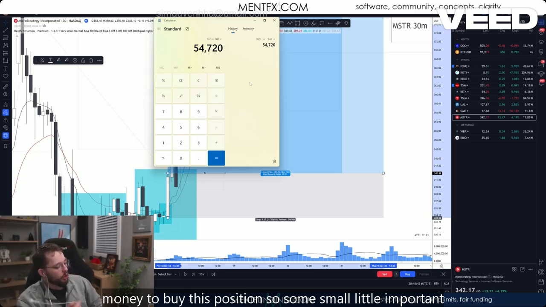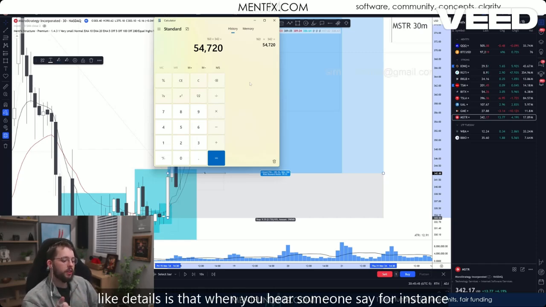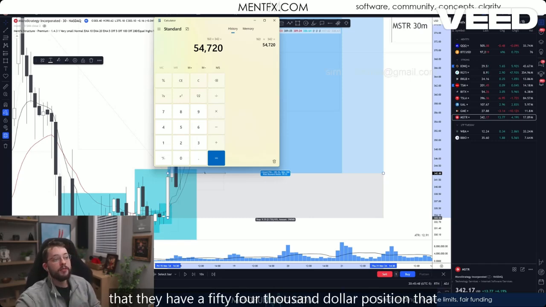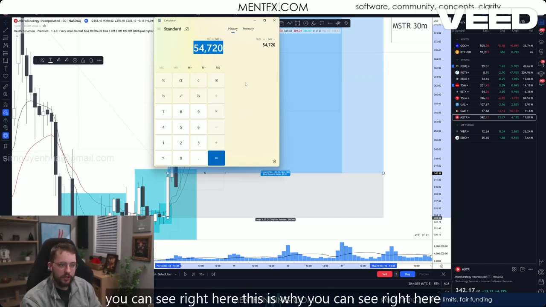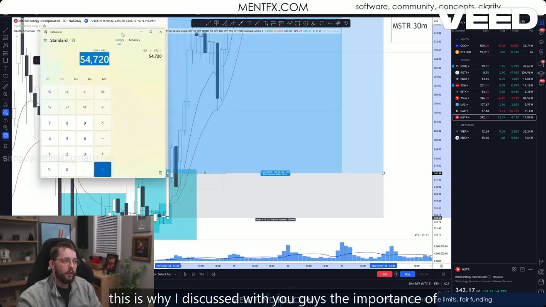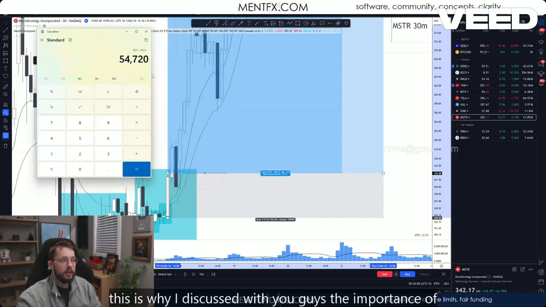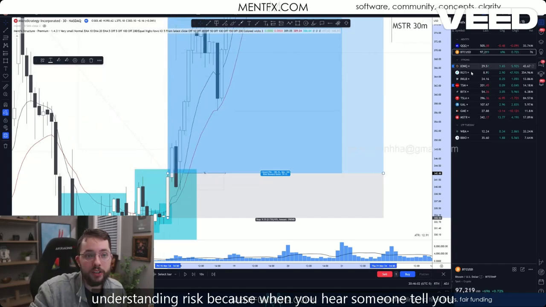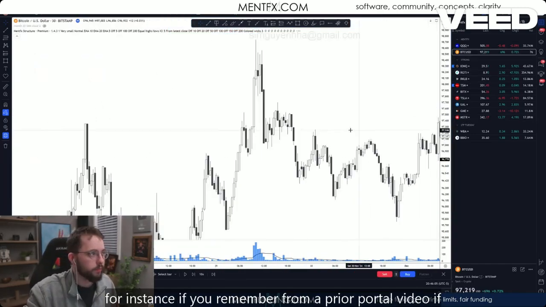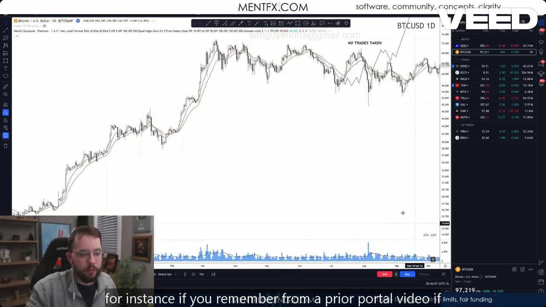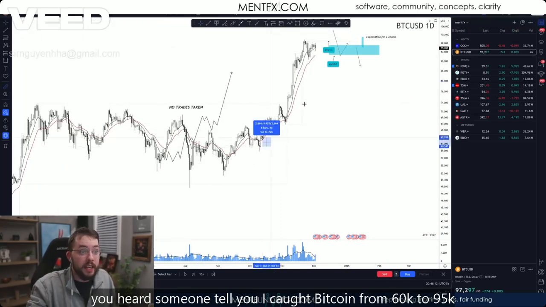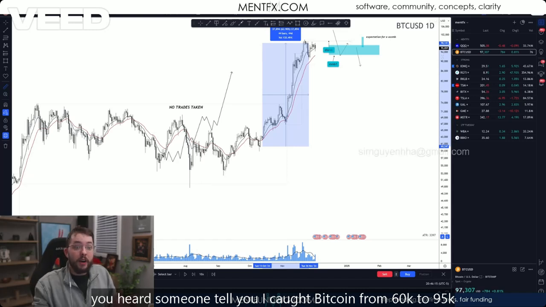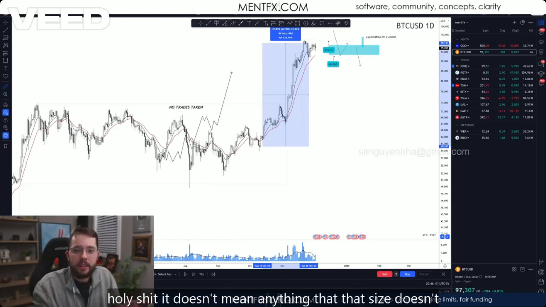Some small but important details: when you hear someone say, for instance, that they have a $54,000 position, that doesn't mean they're risking $54,000, as you can see right here. This is why I discussed with you guys the importance of understanding risk, because if you heard someone tell you, as in a prior portal video, I caught Bitcoin from 60K to 95K, holy shit, it doesn't mean anything.